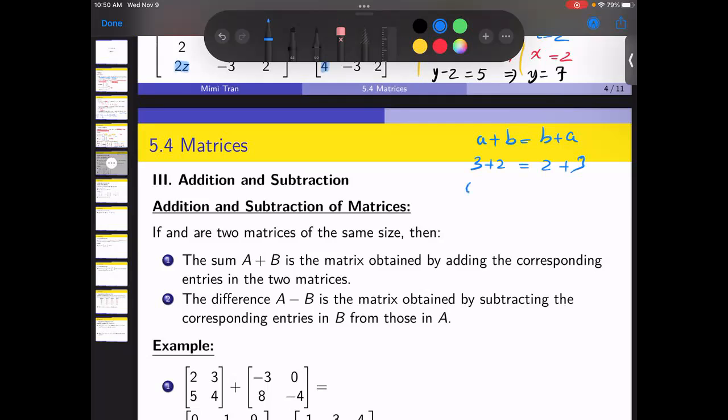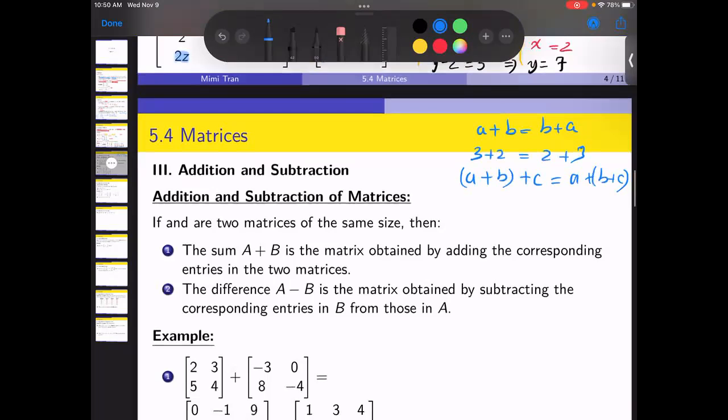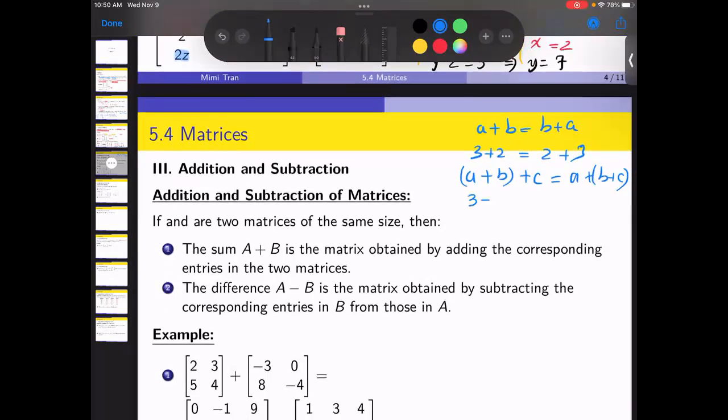The associative rule says I can sum up A and B and add to C, and it's the same thing as summing up B and C and adding to A. Same with matrices. Let me give you an example: 3 plus 2 plus 1 is the same thing as 3 plus the sum of 2 and 1.